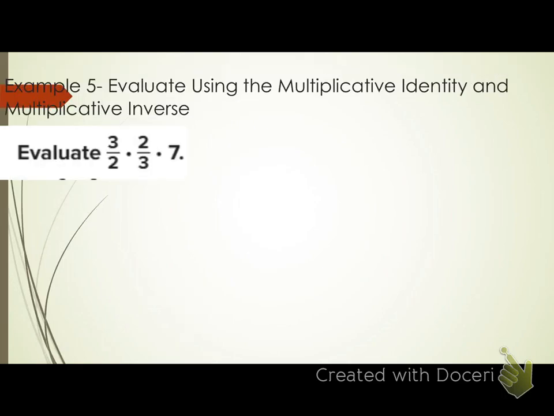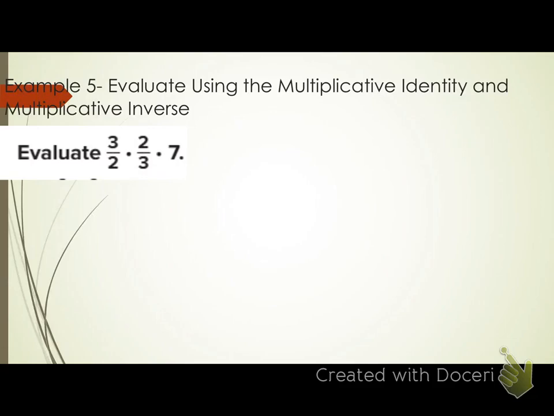Example 5. Evaluate 3 over 2 times 2 over 3 times 7. If we're using the order of operations, I only have multiplication here, so I'm working left to right, correct? Does anyone notice anything about my first two numbers? They're inverses of each other. Multiplicative inverses.